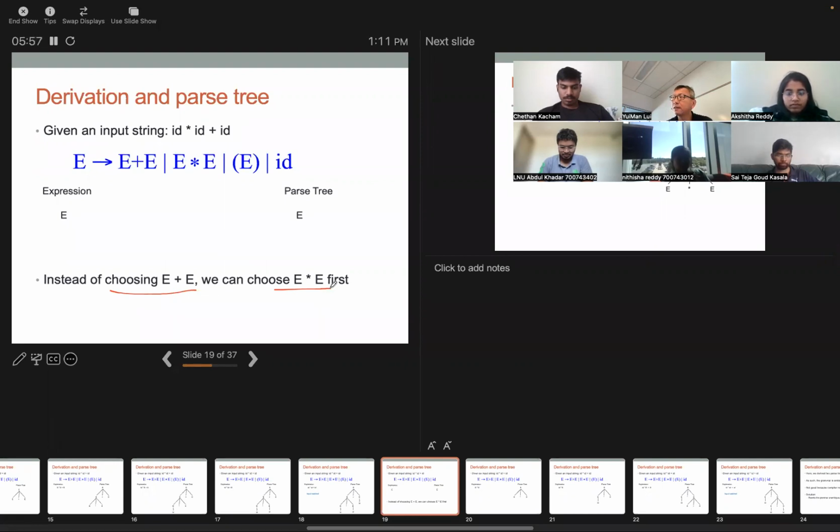So the same, doesn't matter which one we choose, we always start from the starting symbol. The starting symbol, in this case, is E. Therefore, E is also the root of the tree.